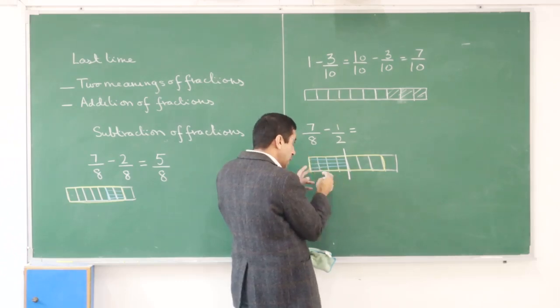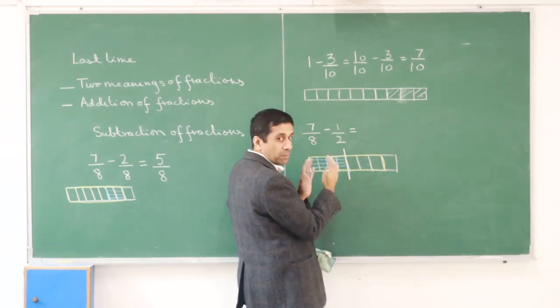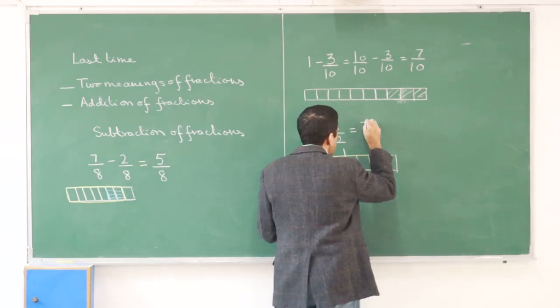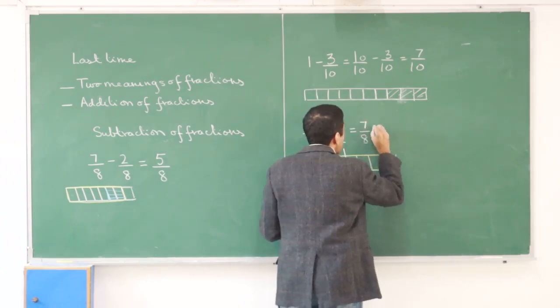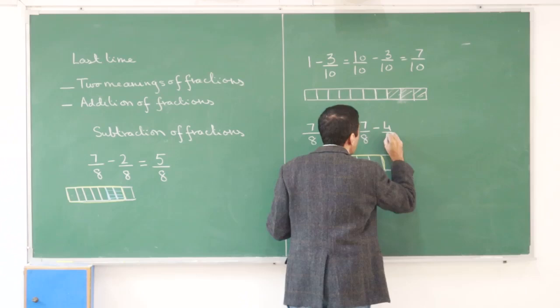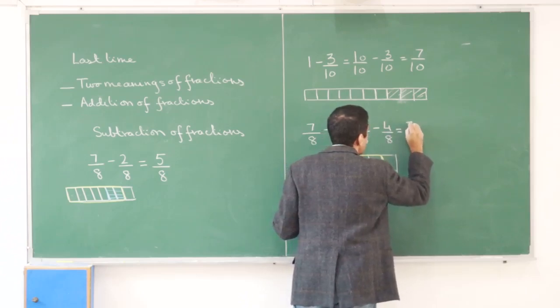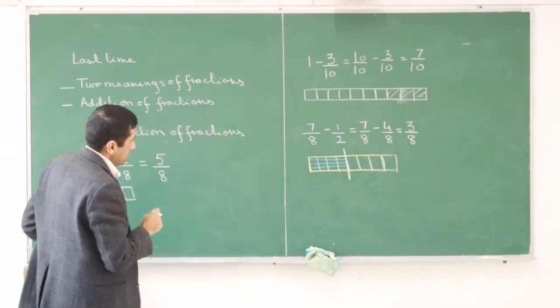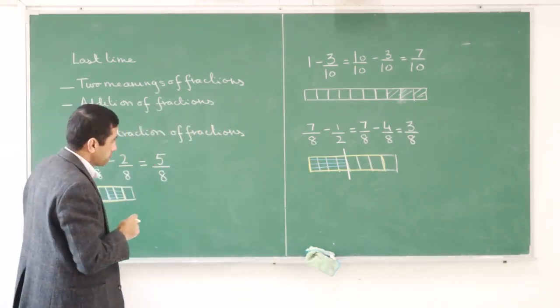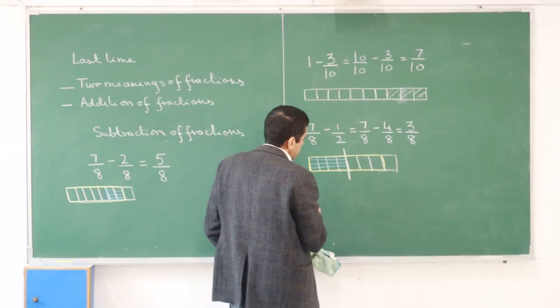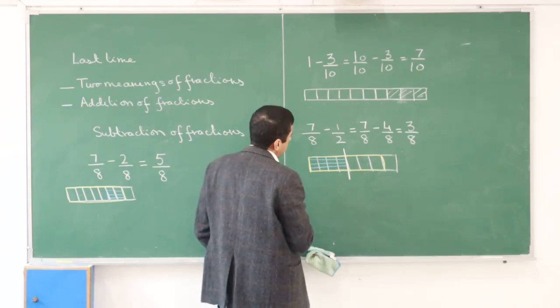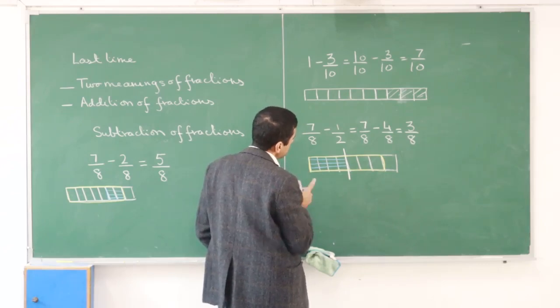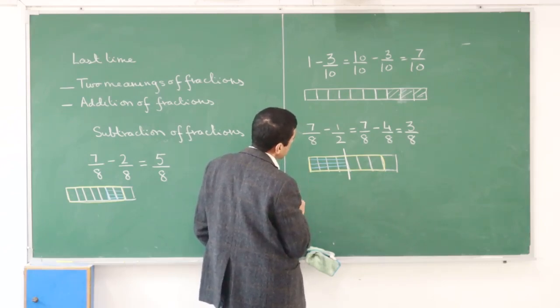So I actually combined my 4 small pieces to make a big half. That's what I did. So I had 7 over 8 minus 4 over 8, which was equal to 3 over 8. Maybe I should have done it in a slightly different way. Maybe it's slightly confusing.